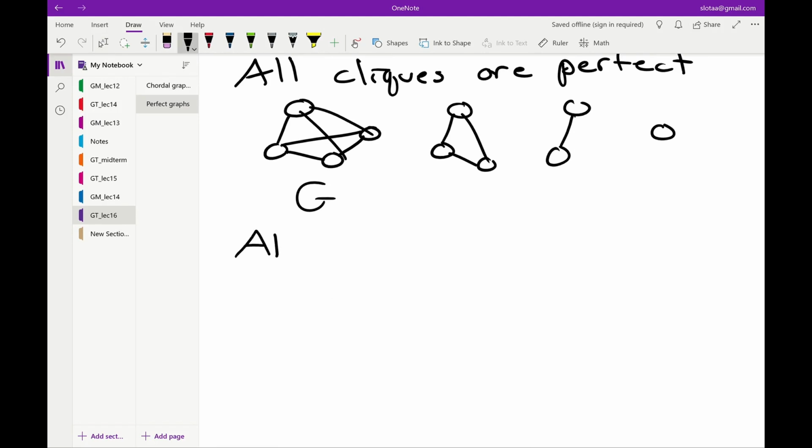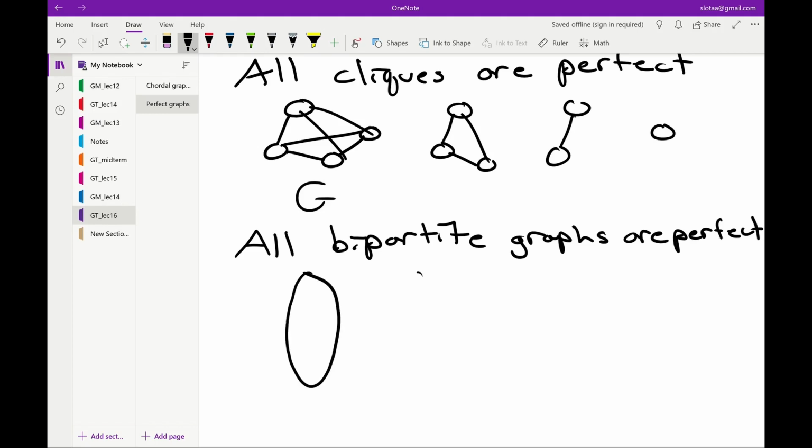Something that isn't as intuitive: all bipartite graphs are perfect.